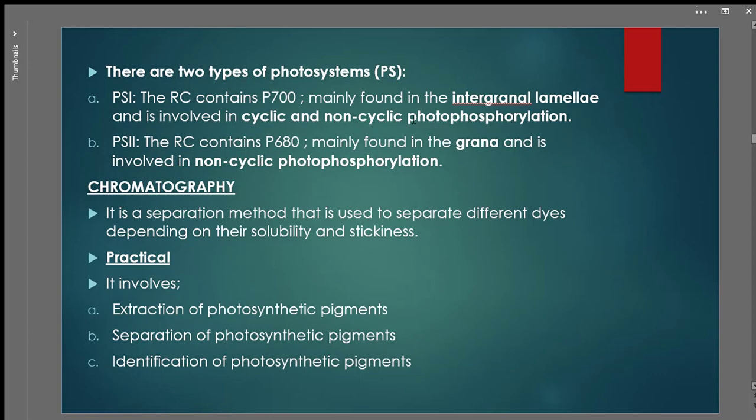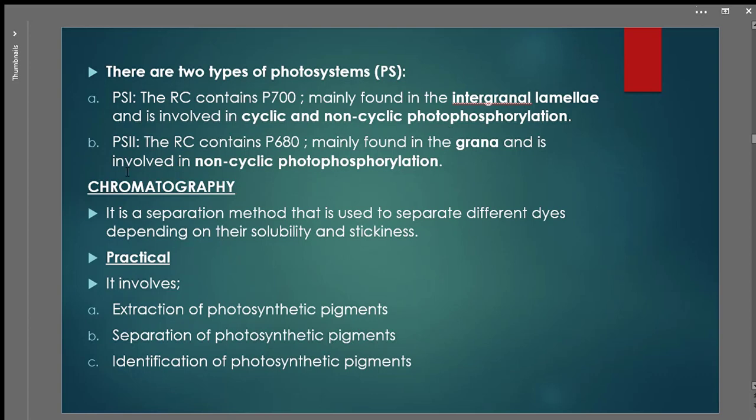So when we talk about photophosphorylation, it means the addition of a phosphate group to a nucleoside, let's say to ADP, in the presence of light energy to form ATP. That's what we refer to as photophosphorylation. Actually, it is the formation of ATP from ADP and inorganic phosphate.